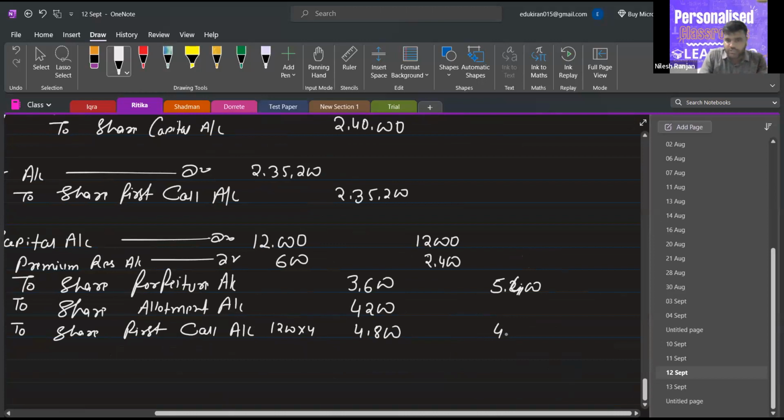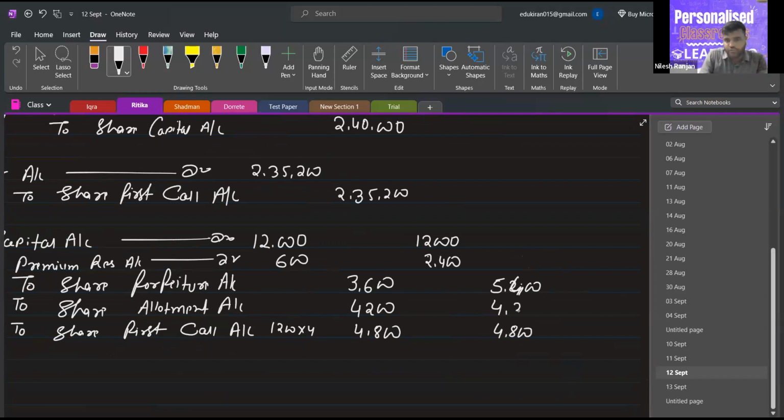So 4800 and 4200. This is the correct situation. Now let us clear this.